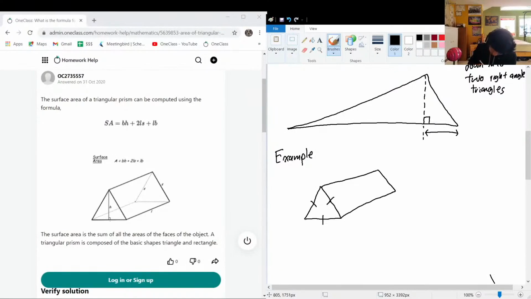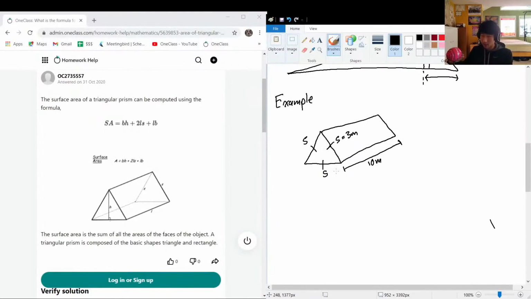Let's say our slants are all the same, and this is our length, and let's say that is 10 meters and the slant is equal to 3 meters. Okay, so if we want to break this down into finding the surface area, so find surface area.